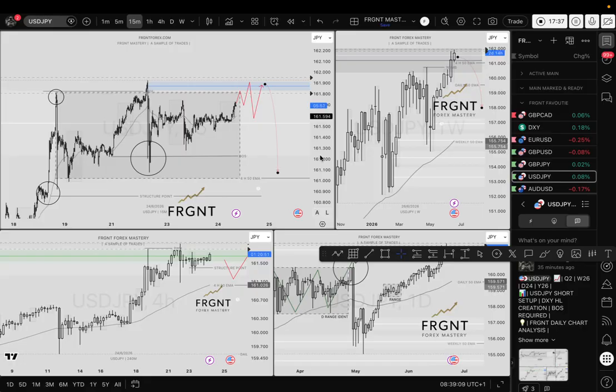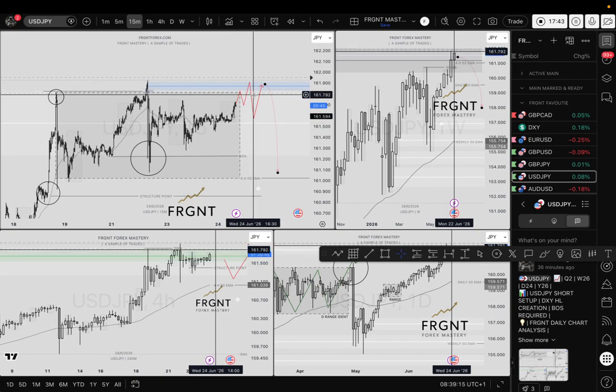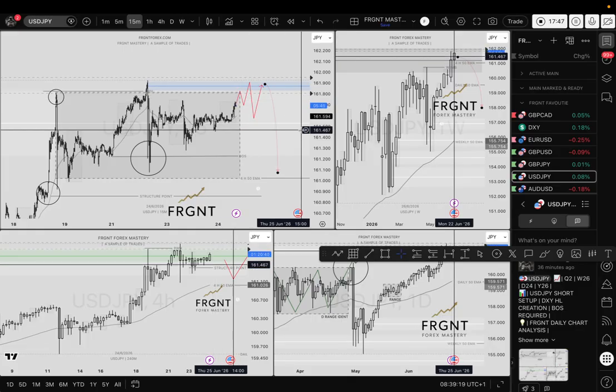UJ is looking like a half decent position, but UJ is absolutely dependent on the DXY performance. If UJ pulls up into these areas, I'm going to have to revert to the DXY to understand what it is doing. Is the DXY going to provide me with those lower time frame breaks of structure that we spoke about, perhaps on the 1-minute time frame, or even break some 15-minute areas?